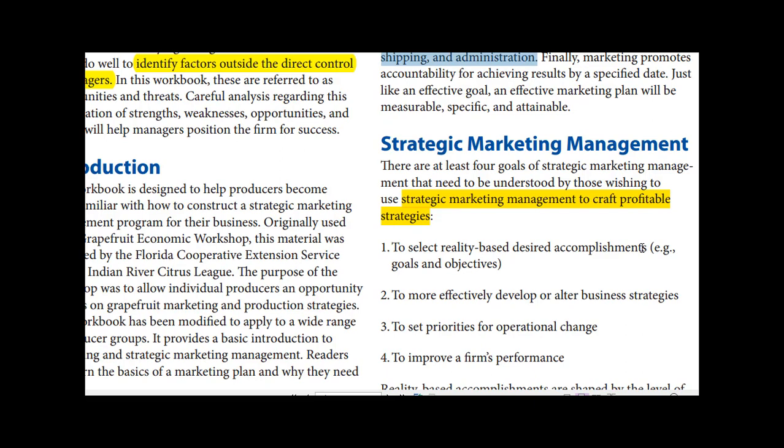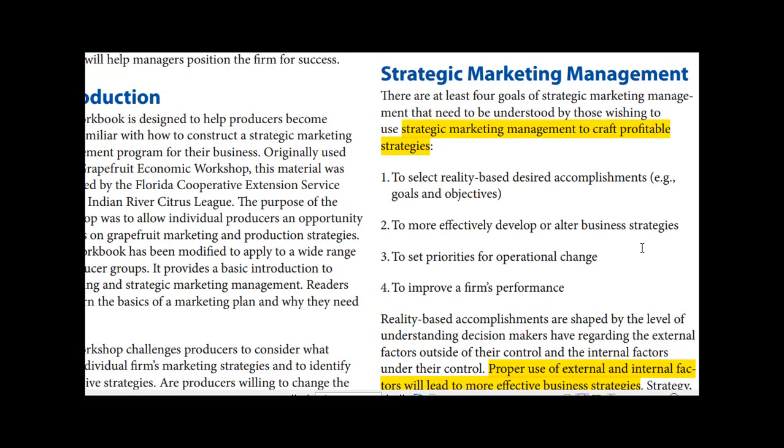When we talk about strategic marketing management and its planning, we have to talk about these four goals. The first is to select reality-based desired accomplishments, which are the goals and objectives of the organization.